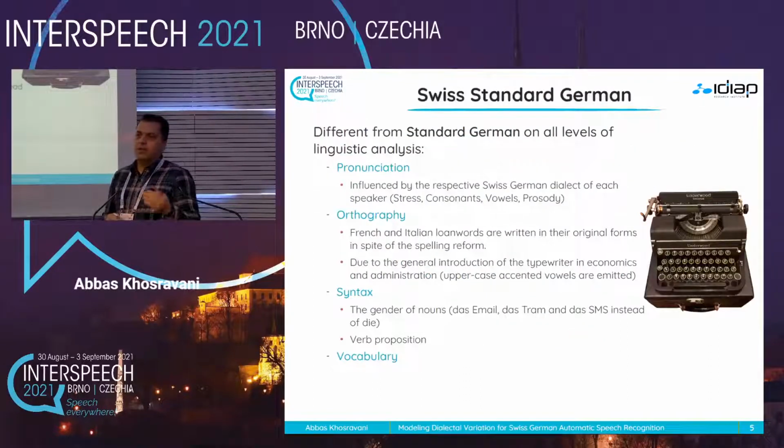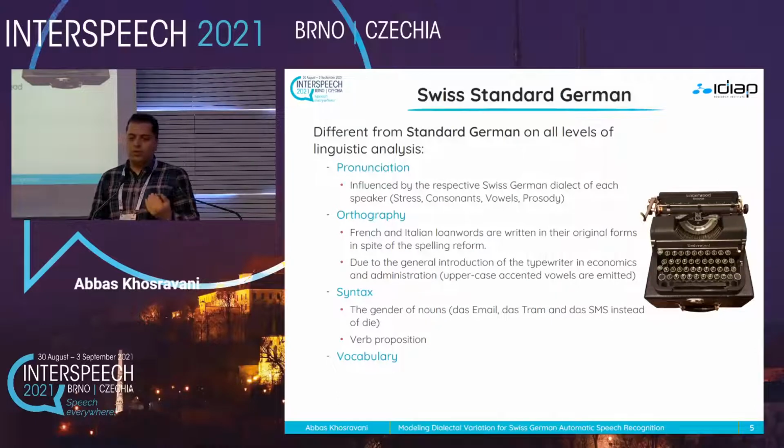The differences between standard German and Swiss German are on different levels of linguistics, including pronunciation, which is mostly introduced by the dialectal speakers, and it's on the stress, consonants, vowels, and prosody, and also on orthography, because most of the words coming from French and Italian kept their original form, but with some spelling reforms.